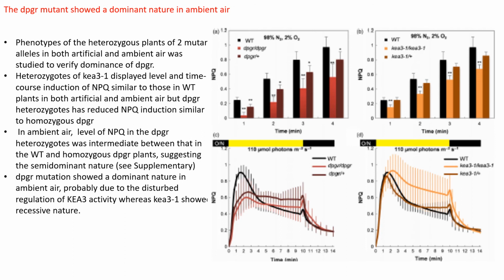DPGR mutations showed a dominant nature in the ambient air, probably due to the disturbed regulation of the KIA3 activity, whereas the KIA3 knocked out mutant showed a recessive nature.